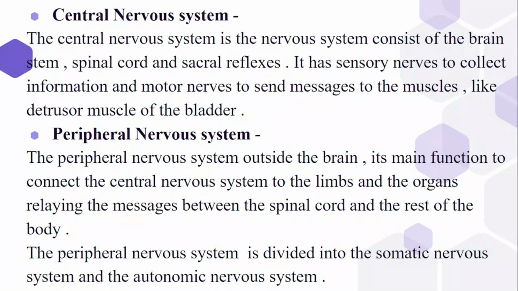Clear? The peripheral nervous system includes everything outside the brain. Its main function is to connect the central nervous system to the limbs and organs, relaying messages between the spinal cord and the rest of the body. The peripheral nervous system is divided into the somatic nervous system and the autonomic nervous system.